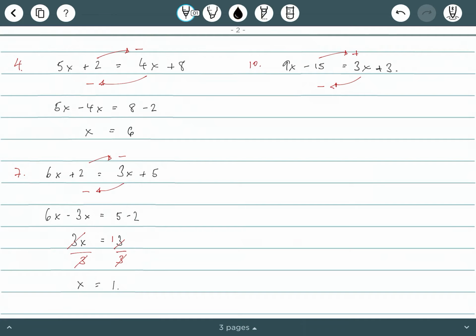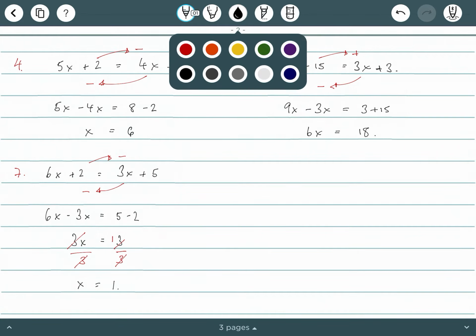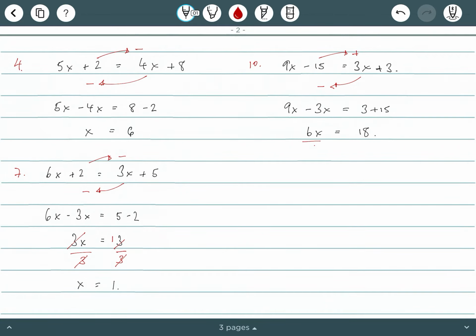And we get 9x minus 3x is equal to 3 plus 15. 9x minus 3x is 6x, and 3 plus 15 is 18. We want to get rid of that 6, so we divide both sides by 6. 6 will go into 6 once, leaving us with 1x, and 6 will go into 18 3 times. So x is equal to 3.